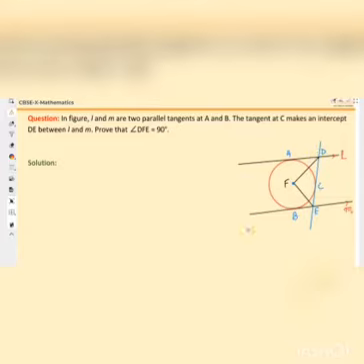Now line L touches the circle at point A and line M touches the circle at point B. There is a point C where we draw a tangent, and this tangent at C makes an intercept DE between these lines L and M.